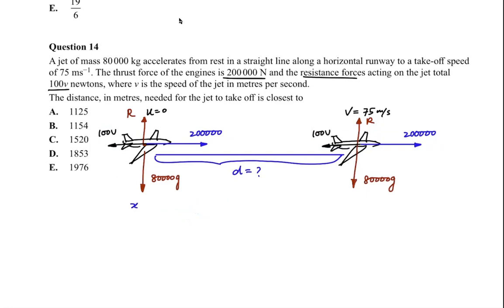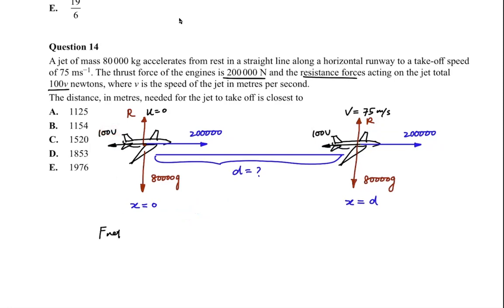Let's say this position has x equals 0. This position has x equals d. Notice that we can't use SUVAT here because it's a variable force, which means you have a variable acceleration in terms of v.